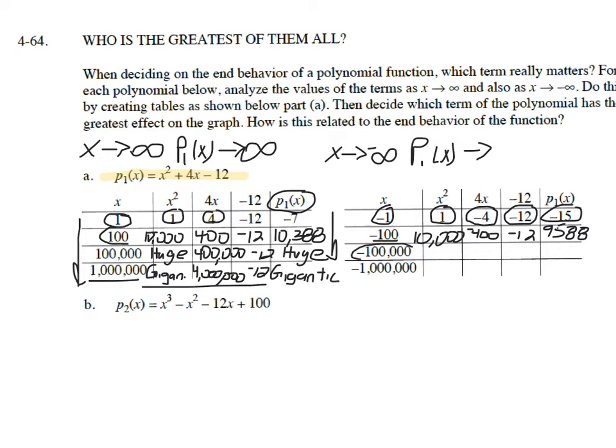Now if I take a negative 100,000 and I square that, I get a huge positive number. And a negative 100,000 times 4, well, that's a negative 400,000. And then the constant of a negative 12. Add all those up, and it's still a positive number. That is huge. And a negative 1 million, if I square that, I end up with a gigantic positive number.